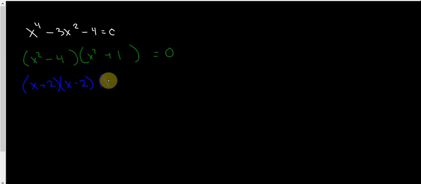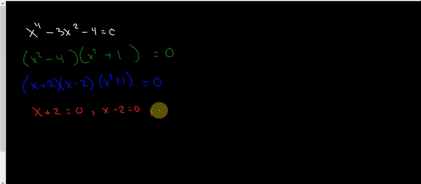Now, sadly, this one, x squared plus 1, we don't have any special factor for sum of squares. So that one doesn't factor. But I have three different pieces here, all multiplied to equal 0. So I should be able to, in theory, say, okay, let's set each one equal to 0 and solve.